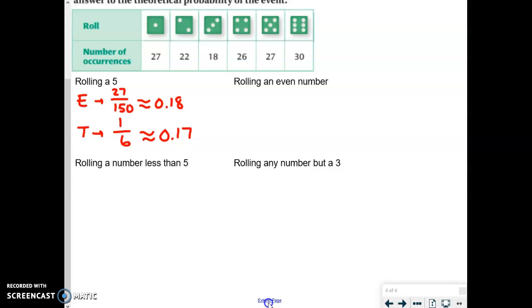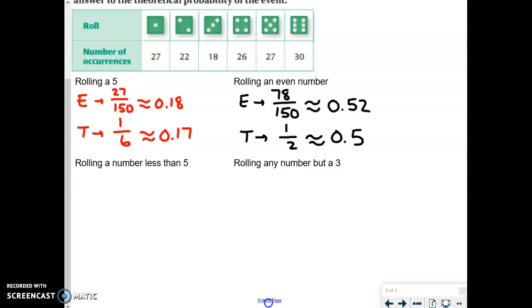Now rolling an even number, in this case, the experimental probability, if you add up the 2, the 4, and the 6, you end up with 78 over 150, which again, if we would write that as a decimal, would be about 0.52. The theoretical probability of this on a number cube would be 1 out of 2, which would be 0.5. So once again, those two are about the same, which you do see happen more often than not.